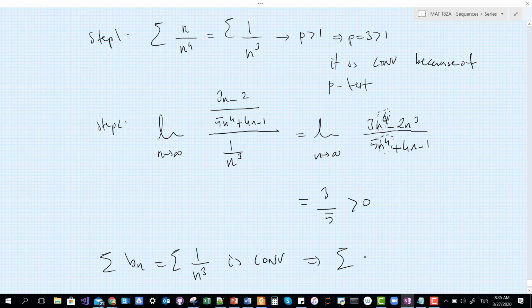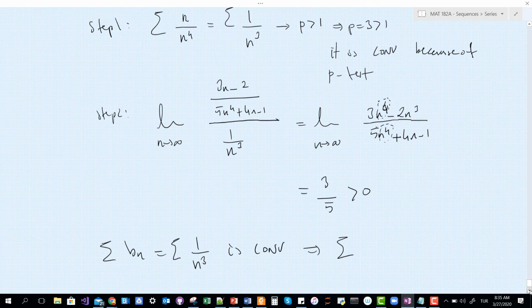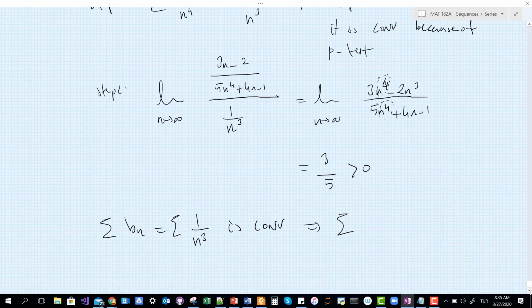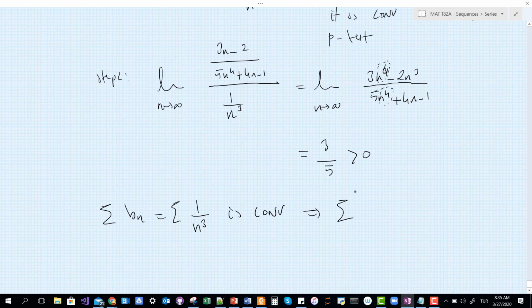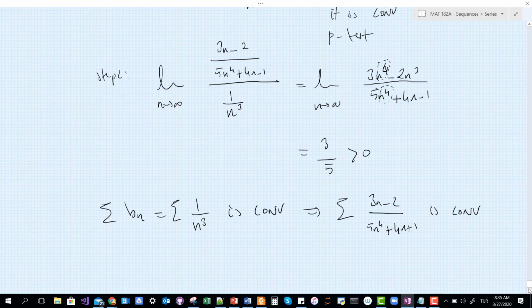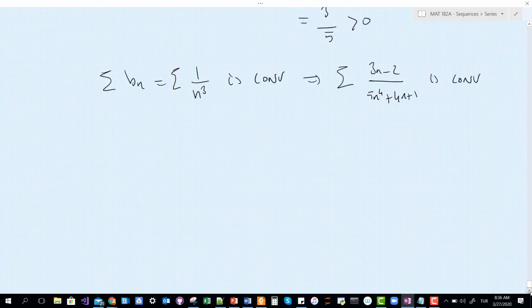Then I can say that my original series, 3n minus 2 over 5n to the 4 plus 4n plus 1, is convergent because of the limit comparison test. The last example, let's look at some different type of term.